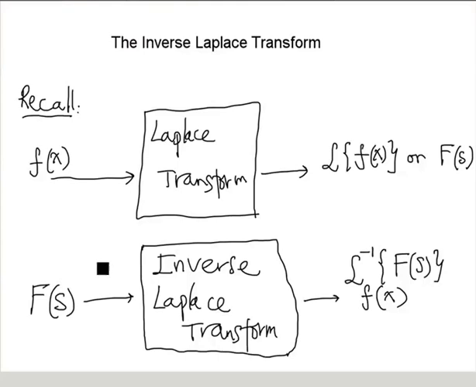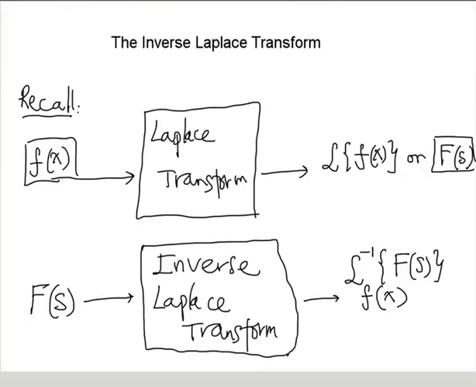So you need to distinguish two things. For the Laplace transform, we begin with a function with independent variable x, and we get a new function with independent variable s. And the inverse Laplace transform goes the other way around. We need to know the inverse Laplace transform in order to solve differential equations, which we will consider in the next topic.